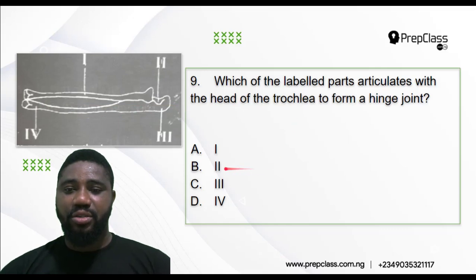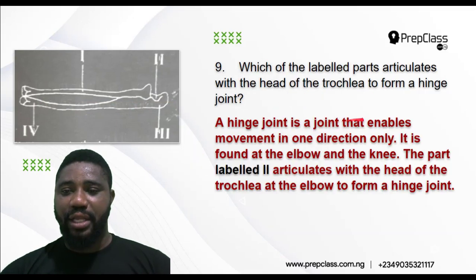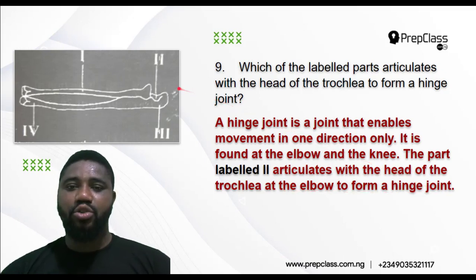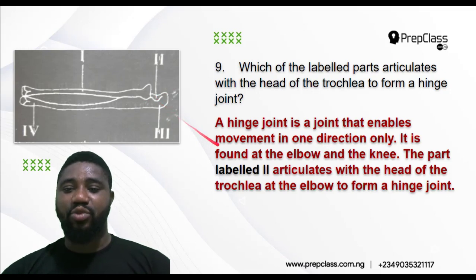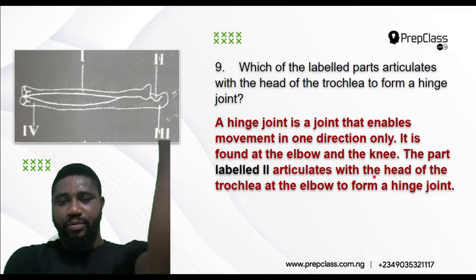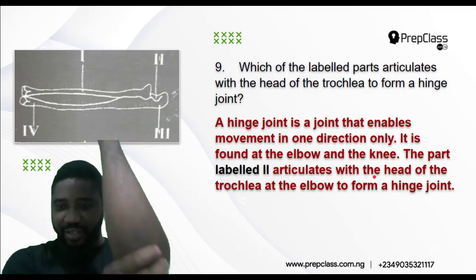Let us see. So I said that a hinge joint is a joint that enables movement in one direction only. It is found at the elbow and the knee. So those are the 2 places you can find a hinge joint, the elbow and the knee. Now the part labeled 2, which is this side, articulates with the head of the trochlear at the elbow to form a hinge joint, around this side.